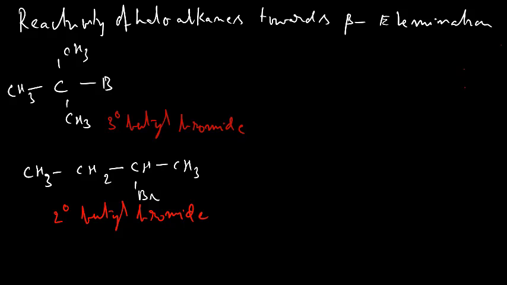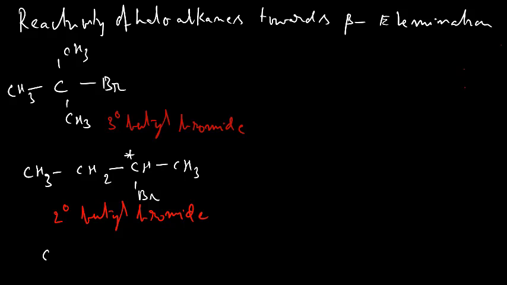Tertiary means the carbon bearing the halogen atom is connected to 3 more carbon atoms. Therefore, it is tertiary butyl bromide. Secondary butyl bromide means the carbon bearing the bromine atom is connected to 2 more carbon atoms. Therefore, it is secondary butyl bromide.